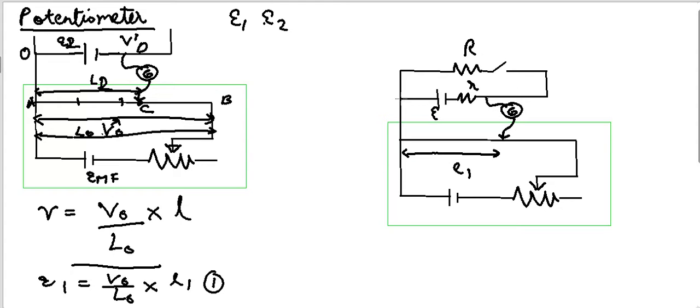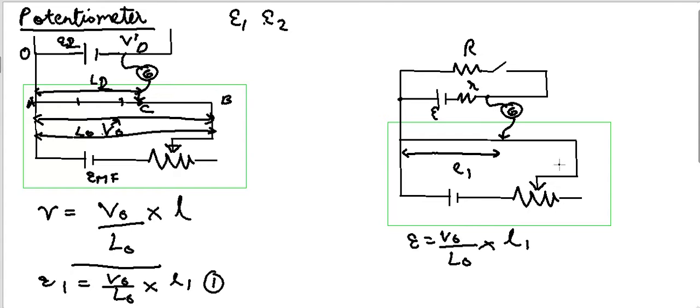That means the potential difference between this point and this point, when there is no current flowing, is just the EMF of this battery. So my first equation using this formula, when the switch is open, is E is equal to V naught by L naught multiplied by L1.